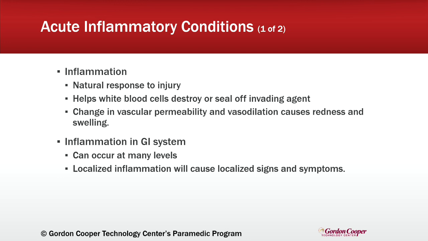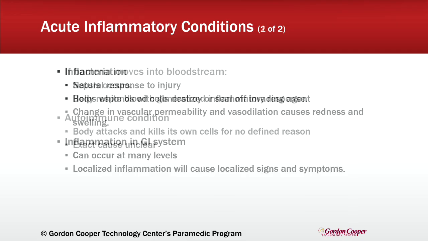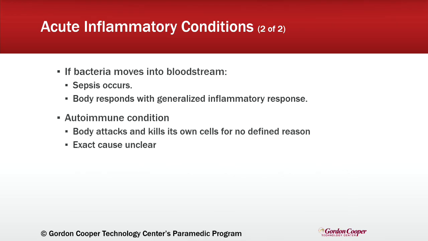If the inflammation is localized, the symptoms may stay to one particular area, or they could be very broad and affect, say, the entire colon or the entire small intestines. If bacteria is able to move into the bloodstream, it can cause sepsis. The body responds with a generalized inflammatory response.